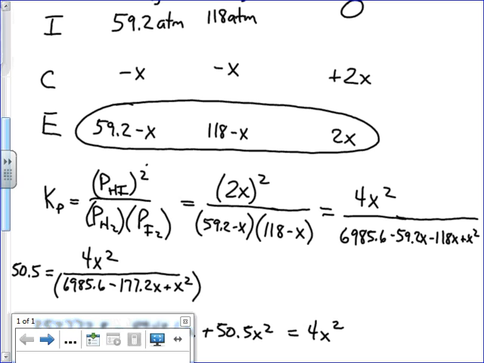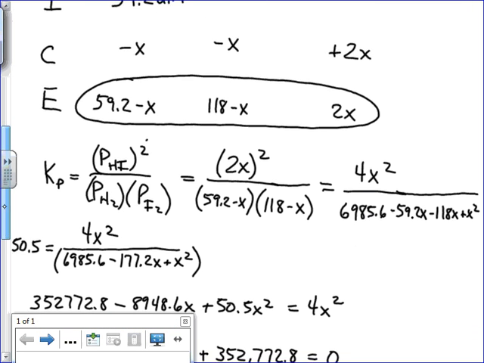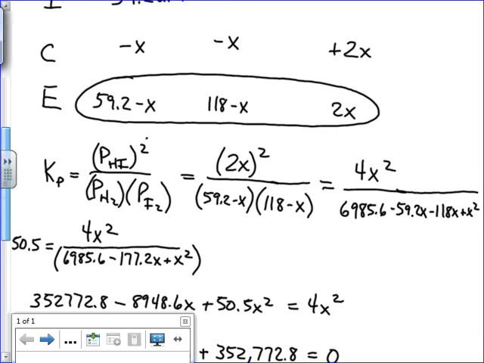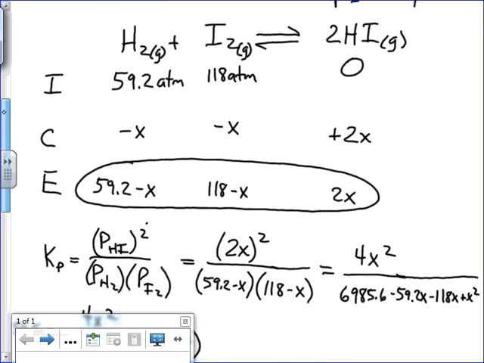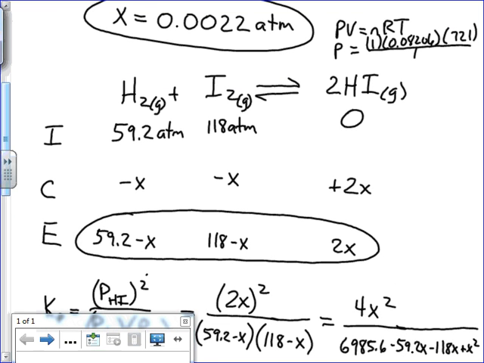So then our possibilities for our equilibrium pressure are either 137 times 2, which gives us 274 atmospheres. That seems a bit high. Or 55.3 times 2 gives us 110.6. It is high, but it's not even as high as the starting pressure of the I2, so that seems a lot more reasonable. So our equilibrium pressure here is about, if we did everything right in this quadratic, 111 atmospheres.